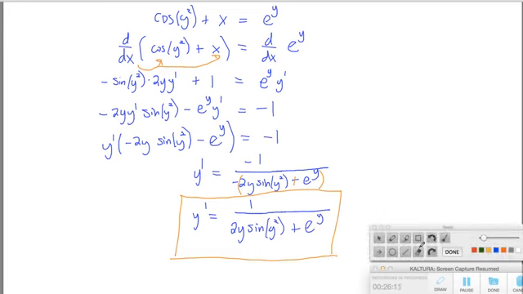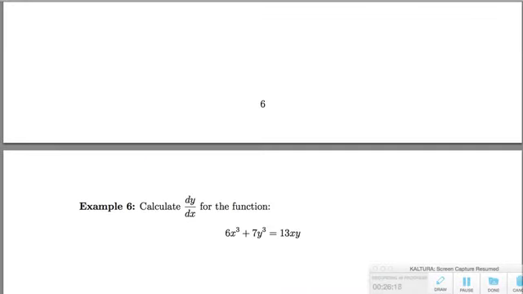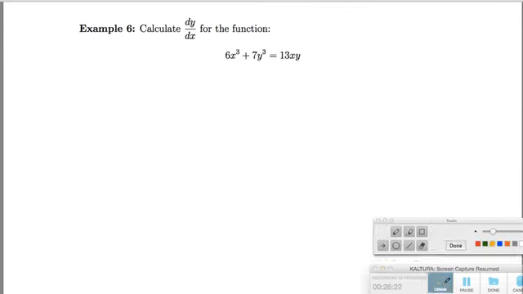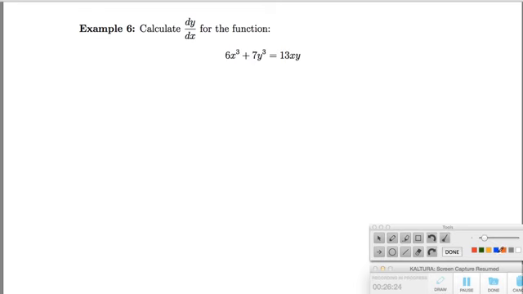So let's do one final problem, one final example. Calculate dy dx for the following function. So we've got 6x cubed plus 7y cubed equals 13xy.